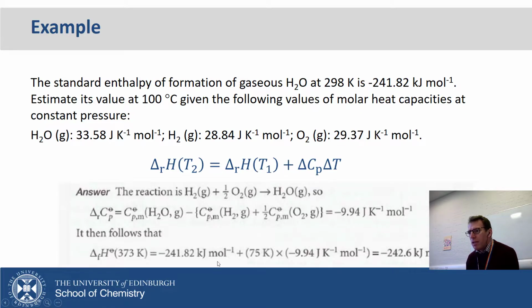So you just need to make sure that we keep the units consistent. So this will be minus 241.82 times 10 to the power of 3 joules per mole plus the difference in temperature times the difference in heat capacity. And what we see is a very small change, a very small difference between the first temperature and the second temperature.